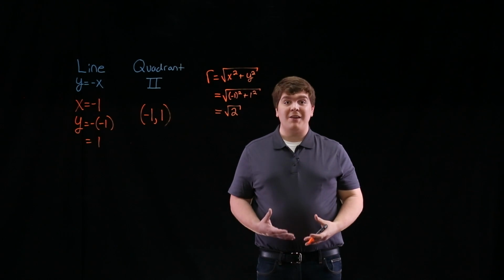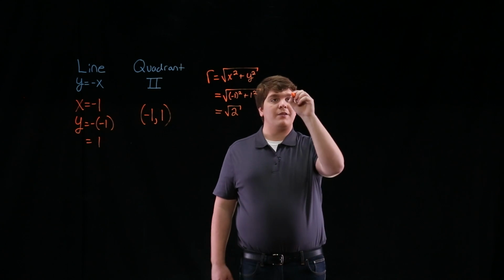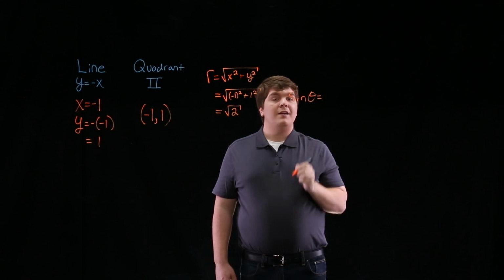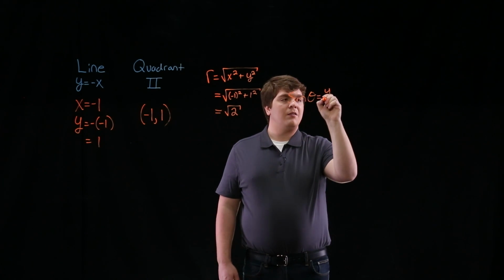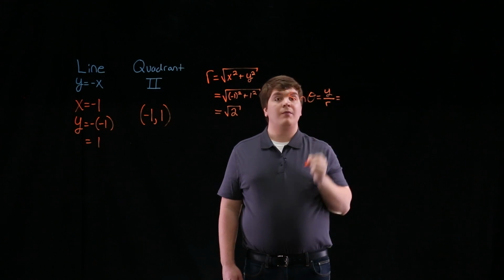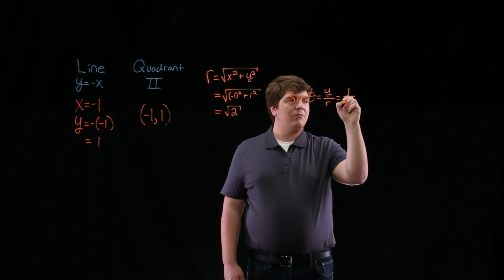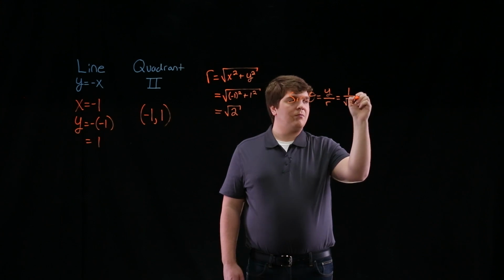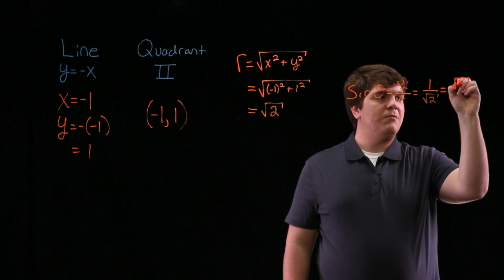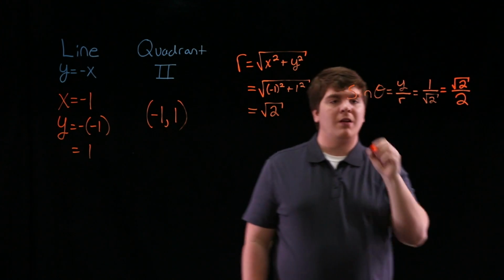Now, to find the exact values of each of our 6 trig functions, we just have to recall the definitions of each of our 6 trig functions. Sine of theta is equal to y divided by r, which is equal to 1 divided by the square root of 2, which is equal to the square root of 2 divided by 2.